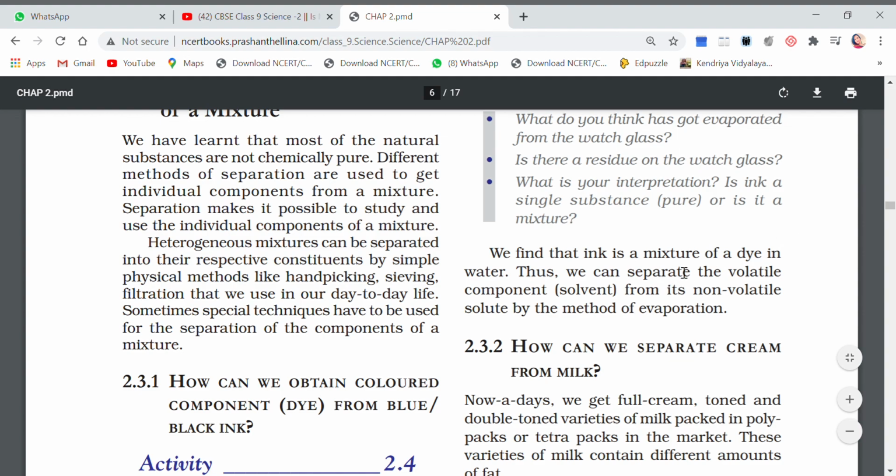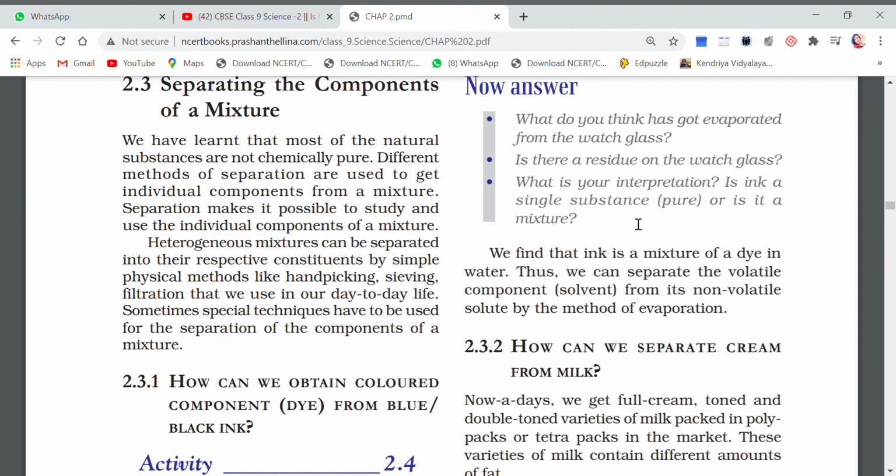Or, you will write "or" and you will write the next question. In the case of ink, why did we use evaporation as the separation technique?